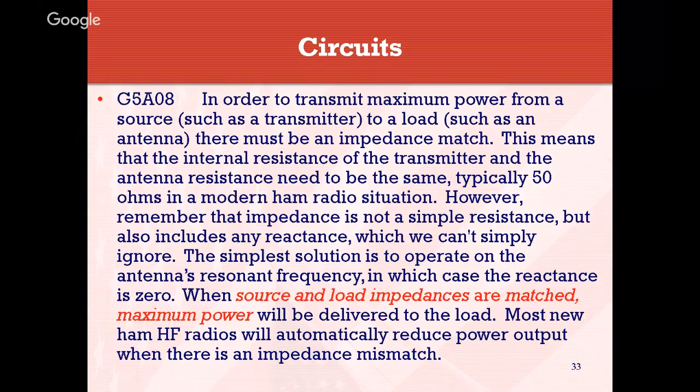However, you need to remember that impedance is not just a simple resistance, but also includes any reactance, which we can't just ignore. We need to take reactance into account as part of the equation as well. But the simplest solution is to operate on the antenna's resonant frequency, in which case the reactance is zero. We'll get into a little bit more of HF antennas, I believe, at another time.